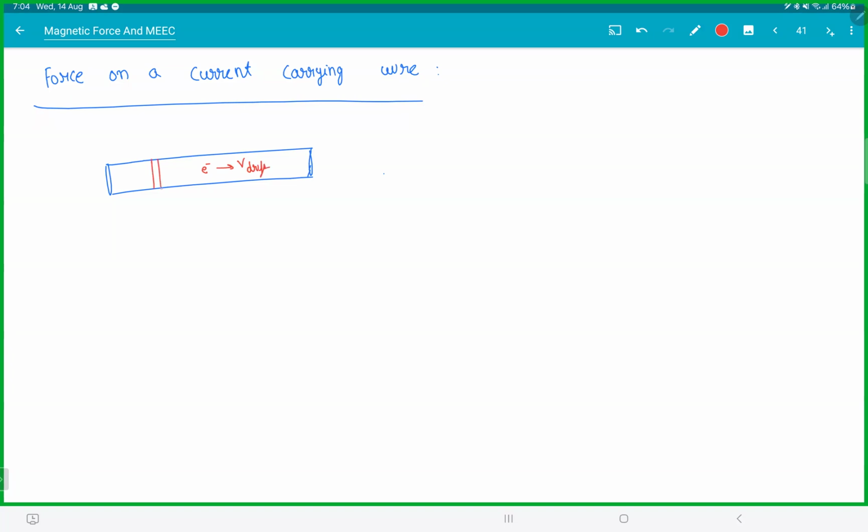Now if you take a thin section here dx, so vd is the drift velocity, n is the number of electrons per unit volume, and I hope you remember from current electricity, I is equal to nAe v drift.